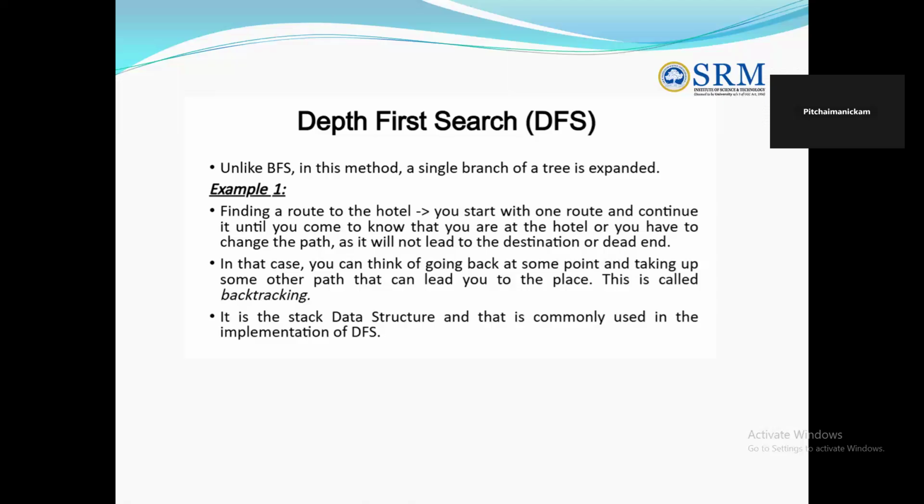This is called backtracking. If the path you chose cannot find the goal state, we come back to the original position and find some other path to find the solution. This is called backtracking.